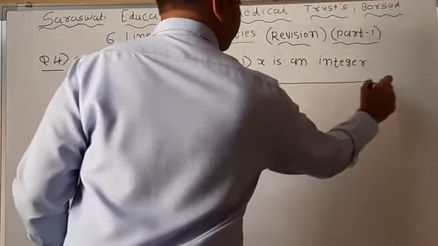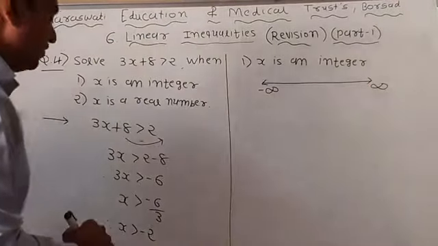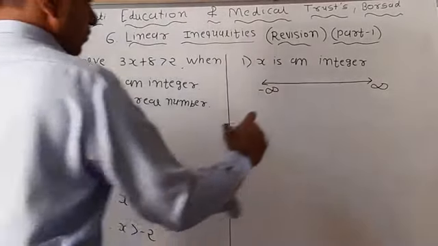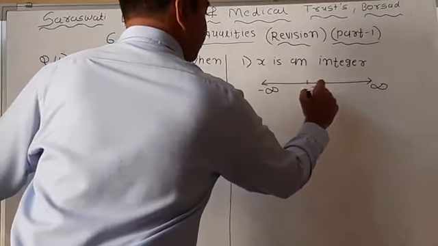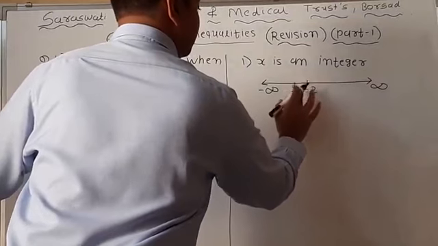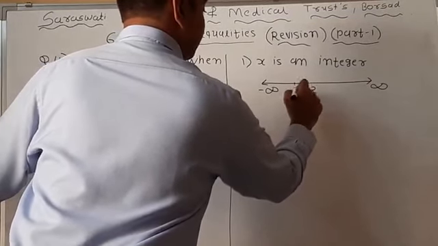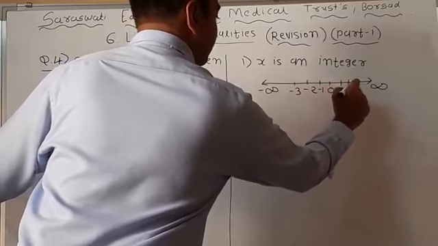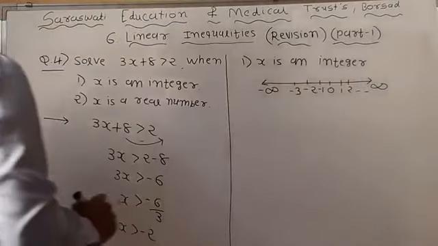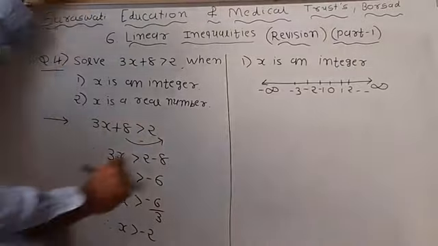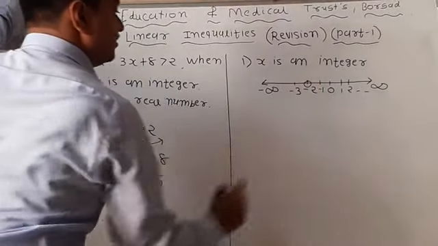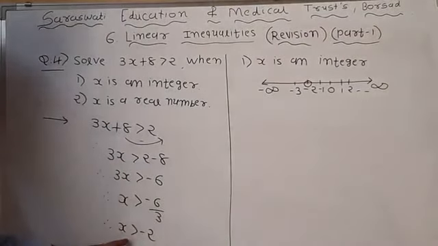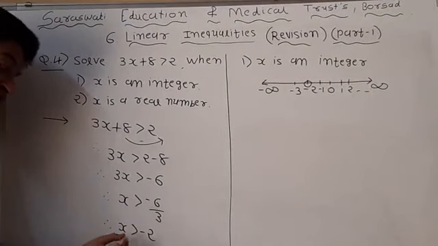Here minus infinity and here infinity. Now minus 2 is present here, minus 1 is present, minus 3 is present here, and 0, 1, 2, up to infinity. Now the position of minus 2 is here.